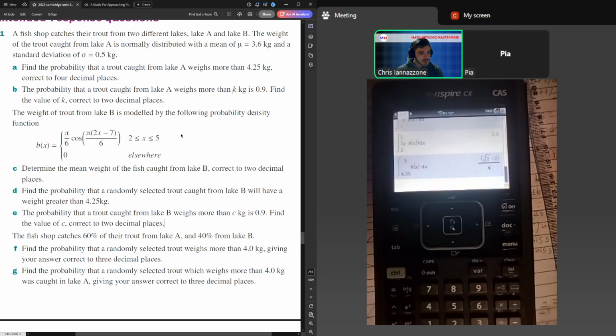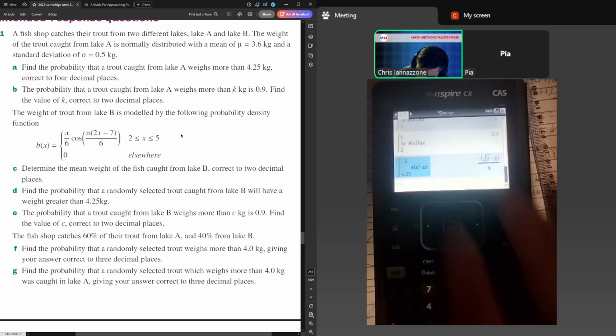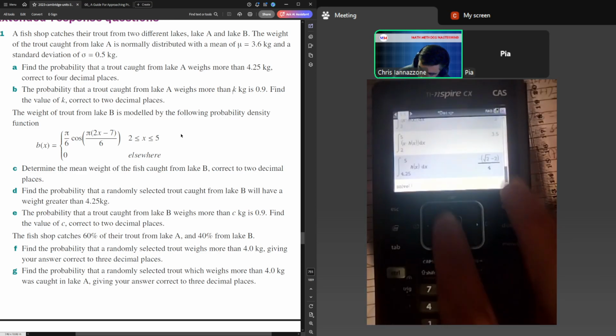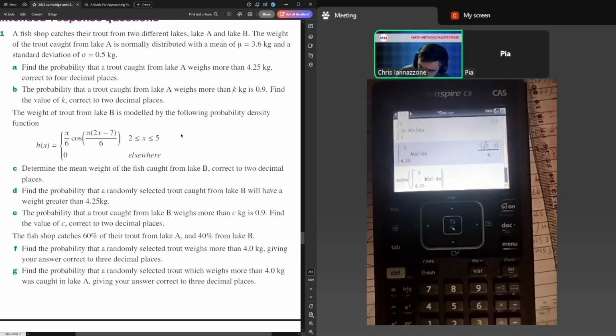So when we're looking at the fact that the probability is 0.9 and we're looking for more than c kilograms, what could we start plugging into our integral? It'll be in a solve, I'll give that one away. What can we start replacing in this integral to start plugging in those terms?